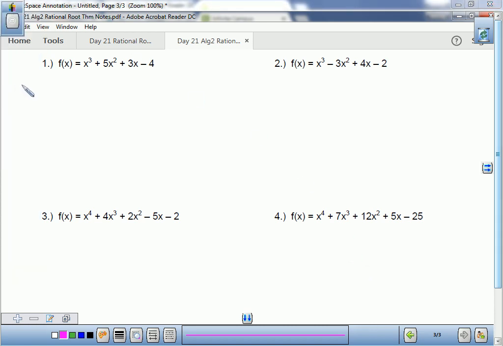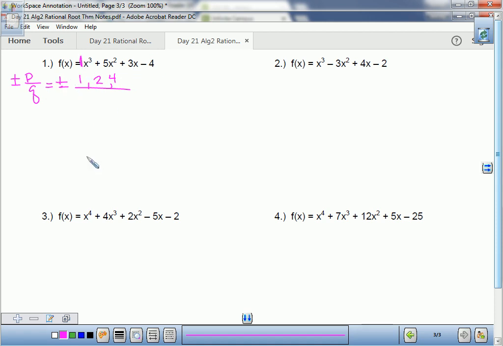So here's the process. The first thing we have to do is figure out what those rational roots are. So it's all the factors of the constant. Well, the factors of 4 are 1, 2, and 4. Those are all the things that we can multiply and get 4.